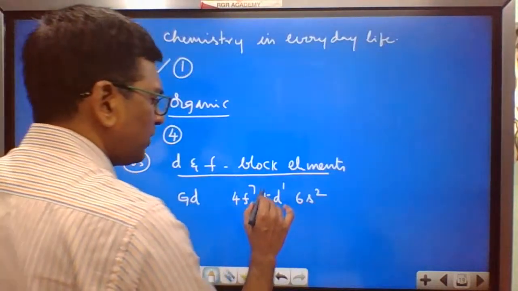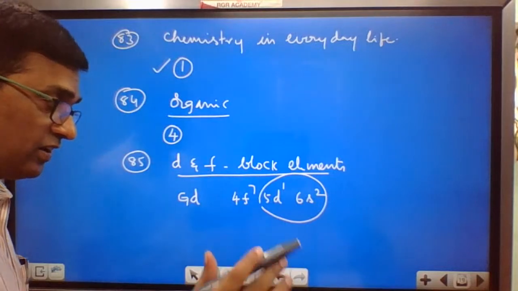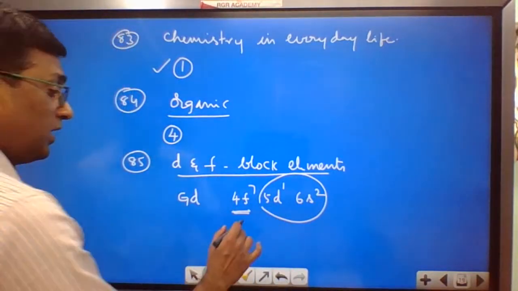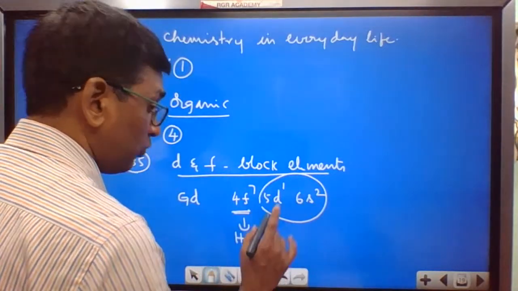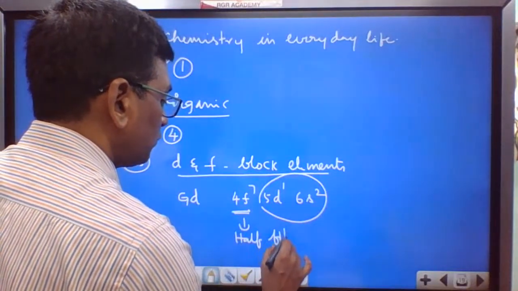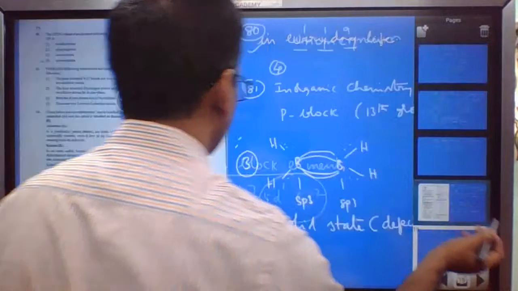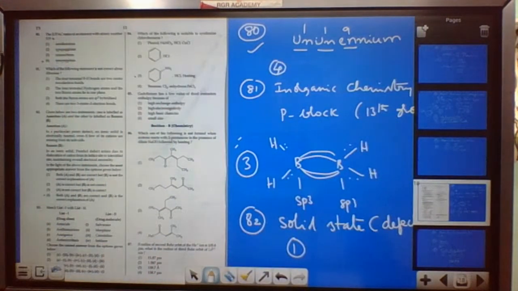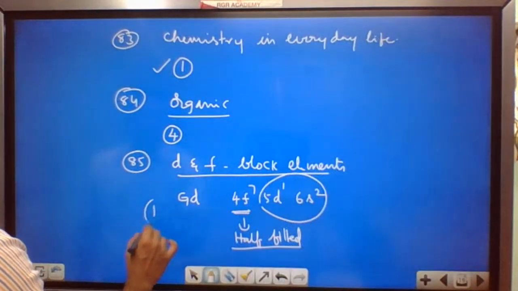Once it loses all 3 electrons, that means third ionization potential is low. It gets 7 electrons and it will become half filled. Half filled orbitals are more stable due to exchange energies. That is the question they ask here. High exchange enthalpy, yes, that is correct. So 85 option is 1.